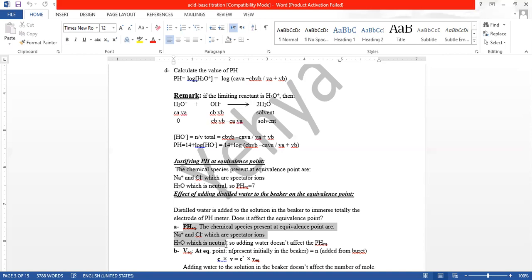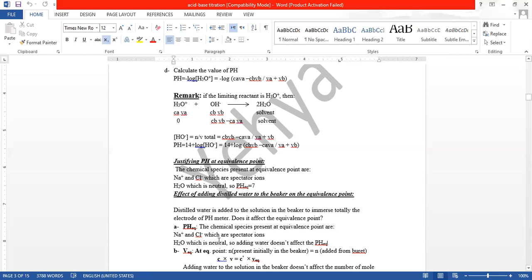So adding water to water does it change its pH؟ أكيد لا. فأنت ما عندك غير الووتر على equivalence. طيب ولو زدت ووتر قد ما زدت شو راح يأثر هيدا الشيء؟ ما راح يأثر. So adding water or distilled water doesn't affect the pH at equivalence. هيدا بالنسبة لل pH at equivalence.